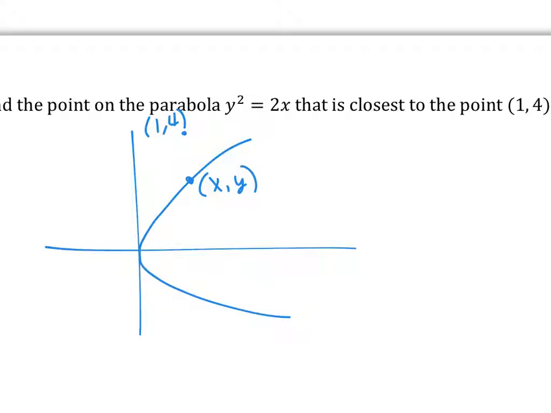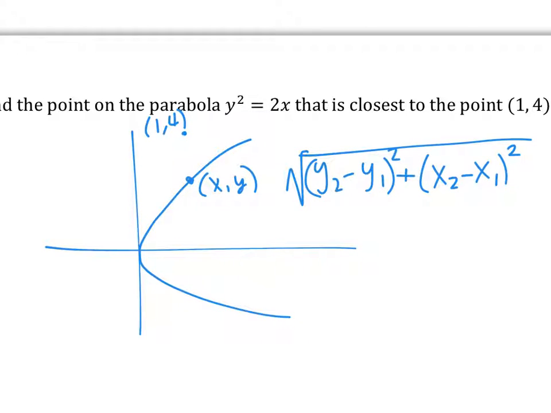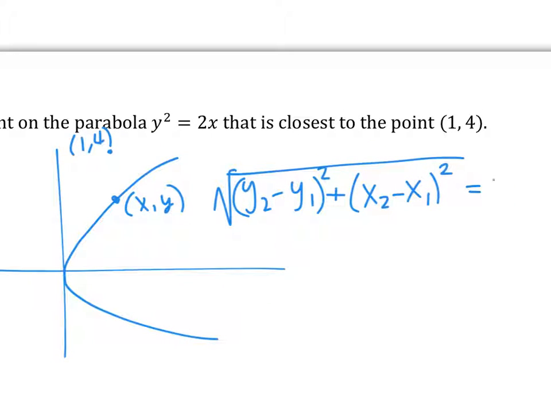How do you find the distance between 2 points? y2 minus y1, squared, plus x2 minus x1, squared, and then the whole thing is to the 1/2. Yeah. So this is the distance formula. To find the distance between 2 points, we use the distance formula.